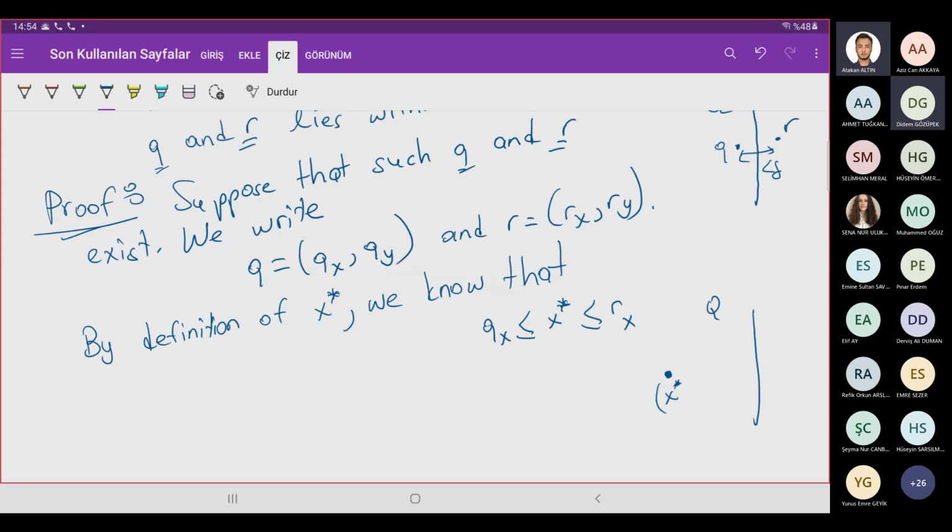And because if such q and r exist, then qx is, because this is the rightmost point, suppose that such q and r exist.